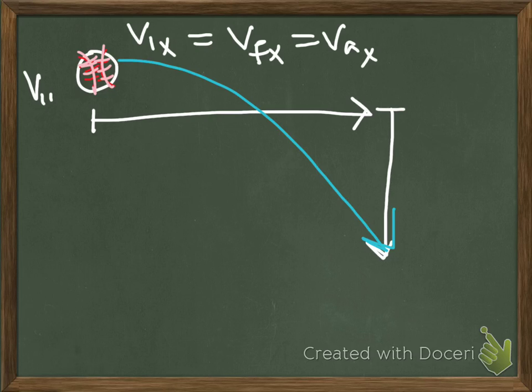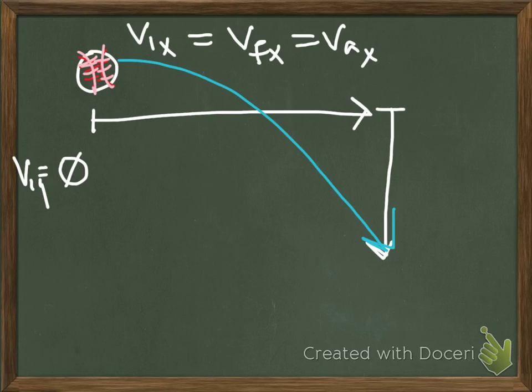What's the VIY? 0. These are horizontally launched projectiles. There is no initial velocity on the y-axis. That's important because, of course, you know we're going to change that up next week. We're going to introduce problems where there is an initial velocity on each axis.